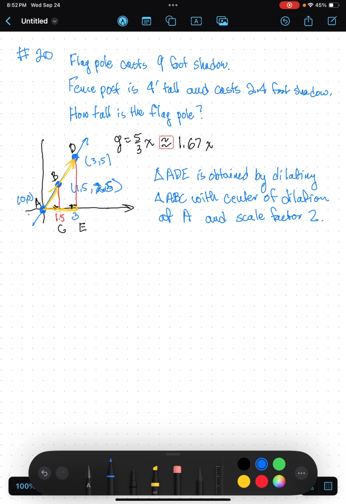So triangle ADE is obtained by dilating triangle ABC with center of dilation at A and a scale factor of 2.